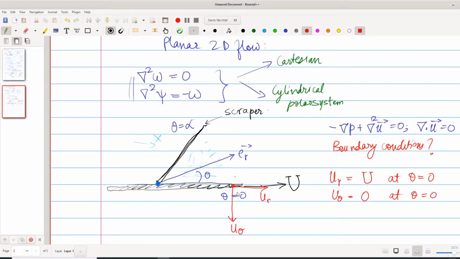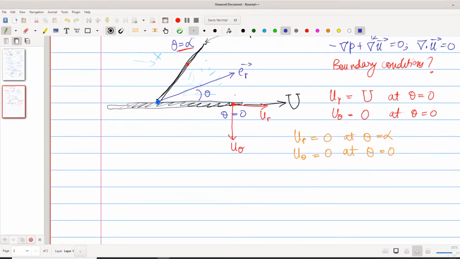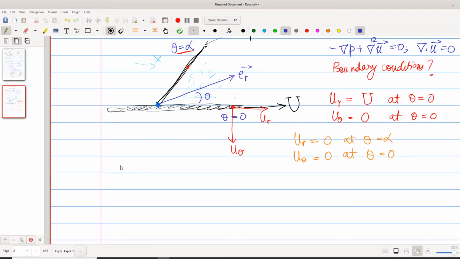For the case of theta equals alpha, the plate is not moving, so the fluid will have to honor both the no penetration and no slip. So u r will be equal to 0 at theta equals alpha and u theta will be equal to 0 at theta equals alpha. So this entire thing is the definition of the problem.